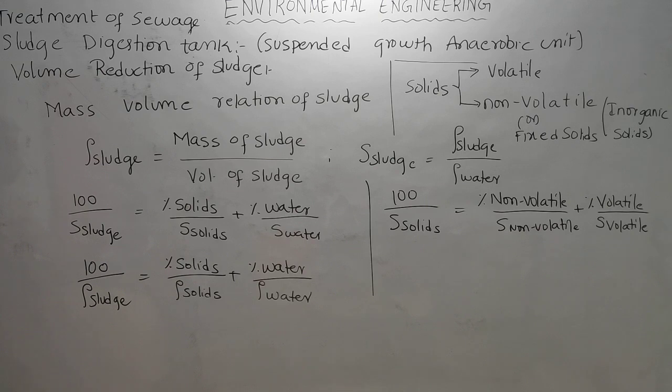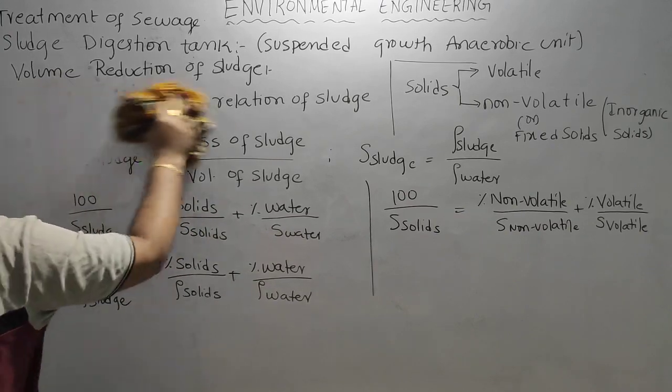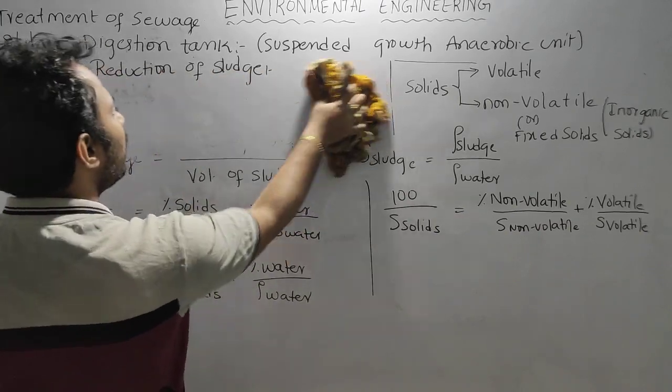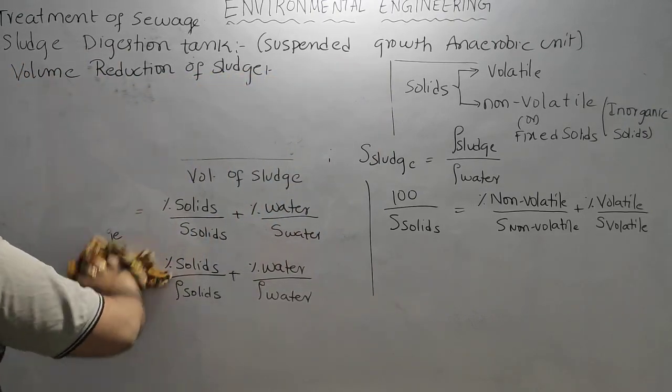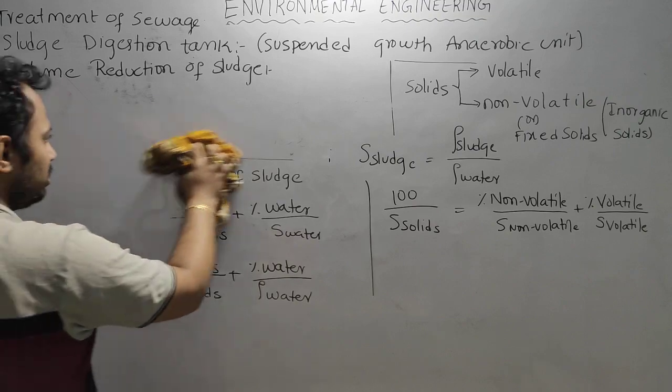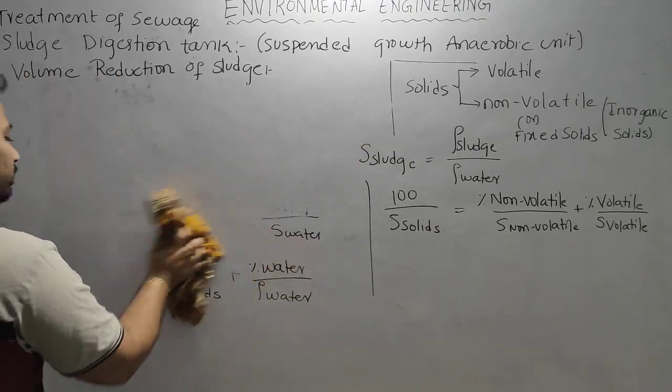So now let us see how we do the volume reduction of the sludge. Here I am taking the moisture content of the pre-treated sludge. Before sending the sludge into the sludge thickener, I will assume the moisture content as P1 and the volume of the sludge before thickening as V1.